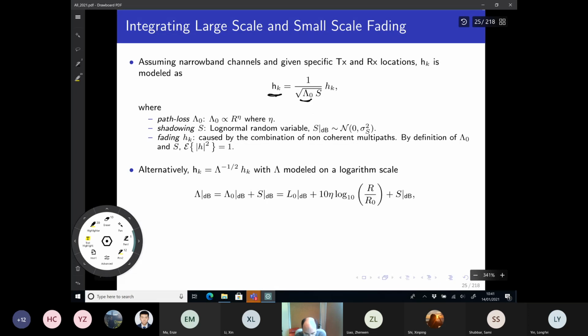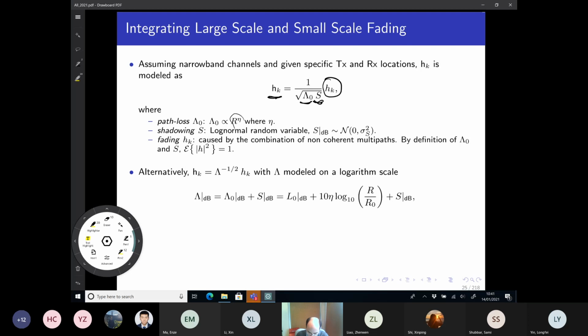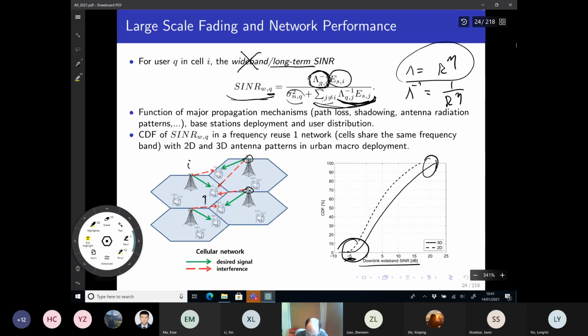I have the path loss, I have the shadowing, and I have the small-scale fading that is written in italic. So my path loss here is directly proportional to r to the eta. So this is exactly what was written here.